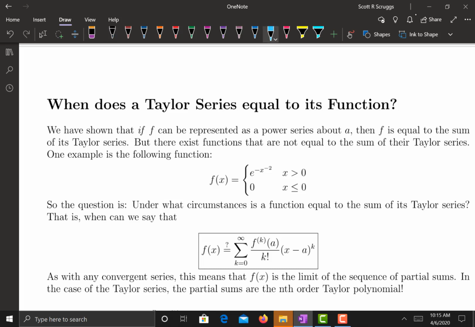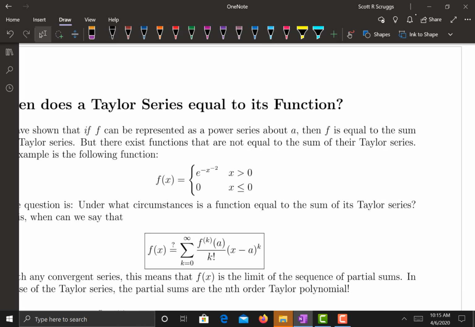I'm not going to show why f of x is not equal to its Taylor series, but I'll quickly explain it. It's when you find the coefficients, you will always get 0.